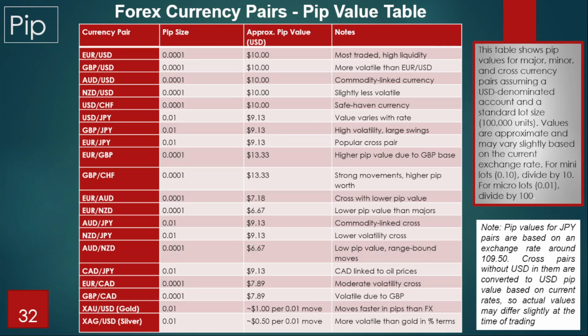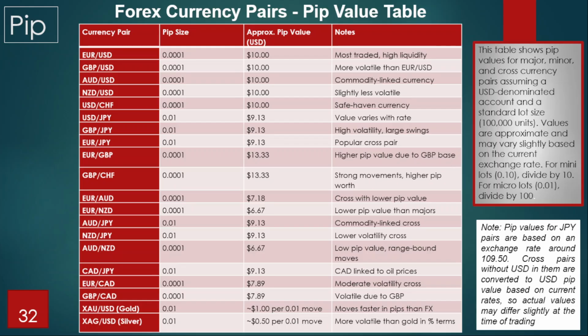USD CHF is referred to as a safe haven currency. USD JPY varies based on the rate of exchange. GBP JPY is very highly volatile. Euro JPY is just a popular cross pair, and Euro GBP has a very high pip value to the GBP base.